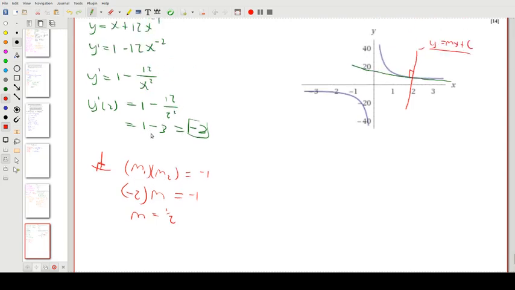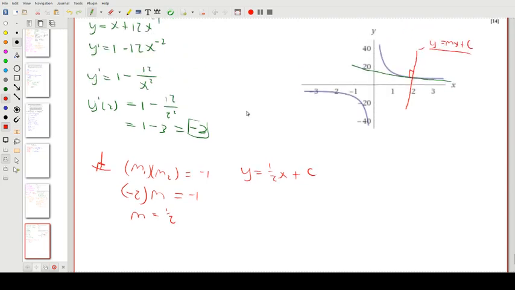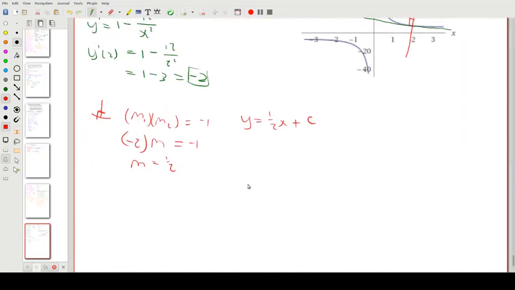Then what we can do from here is say, okay, so far we know it's y equals a half x plus c, and to find the value of c we can substitute a point. But luckily we do have a point, point A. So if we substitute A, we get 8 equals a half x, and x is 2, plus c.